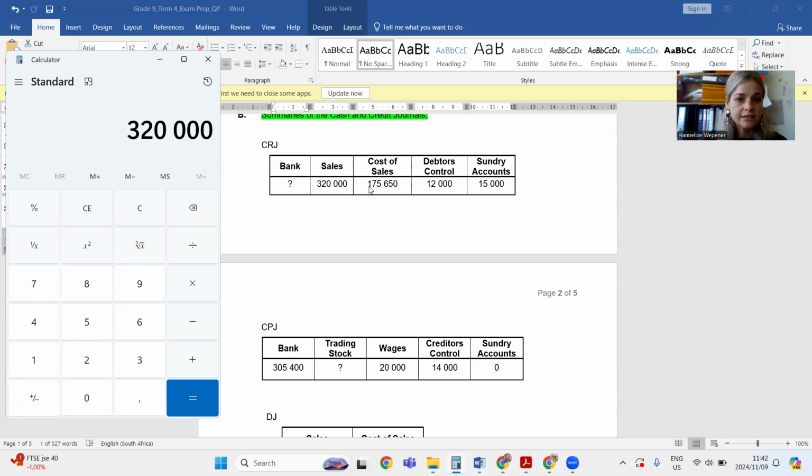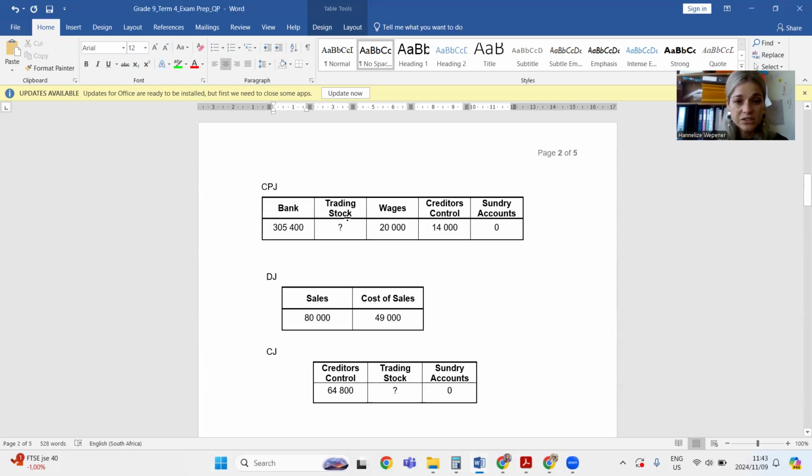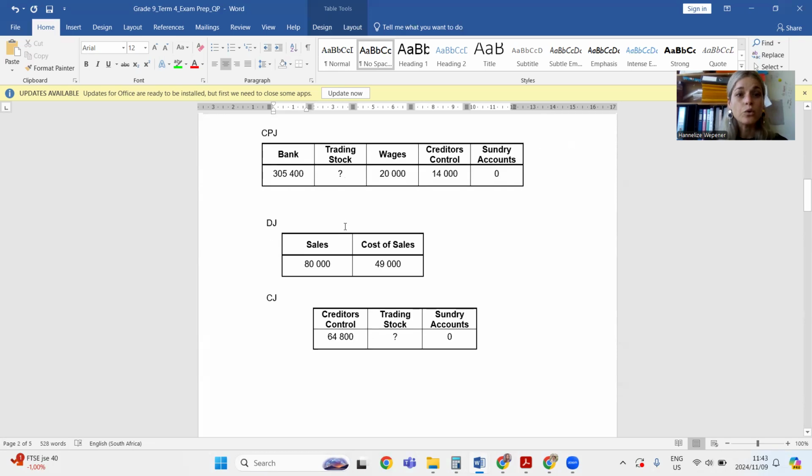So you're not going to add this amount. Next up, debtors control. So you received money from your debtors and you also received some random amounts there. So the total that you received for this month is 347,000.